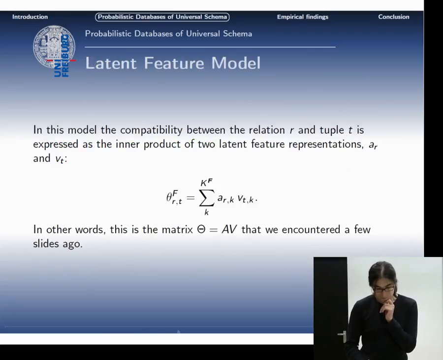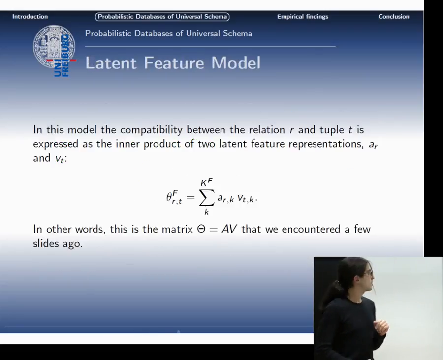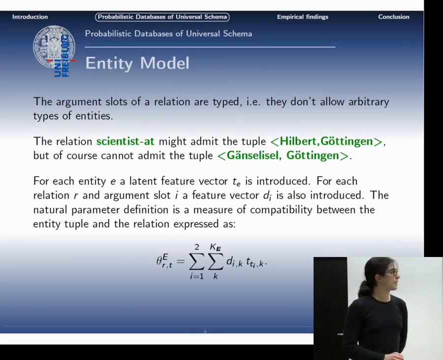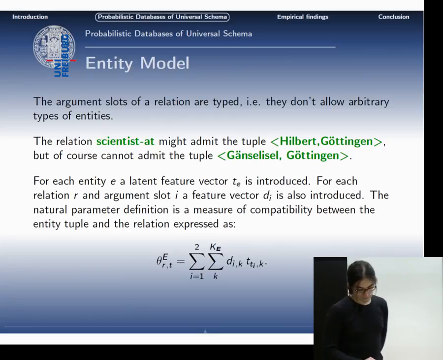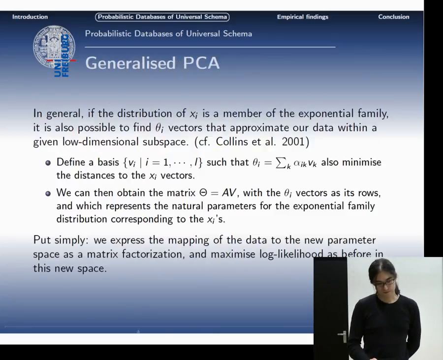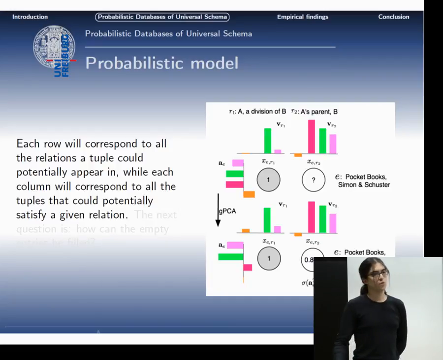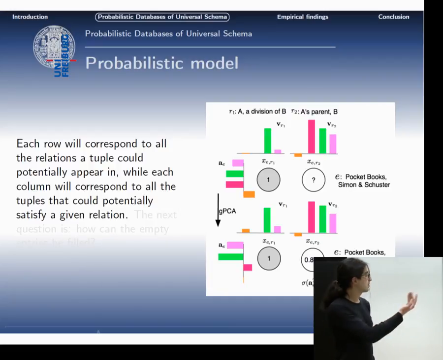The latent feature model has these feature vectors A and B, and the entity model has also feature vectors D and T. But for some reason, the authors chose to represent these vectors as these bar graphs or histograms. I don't understand why, but that's what they are supposed to mean.